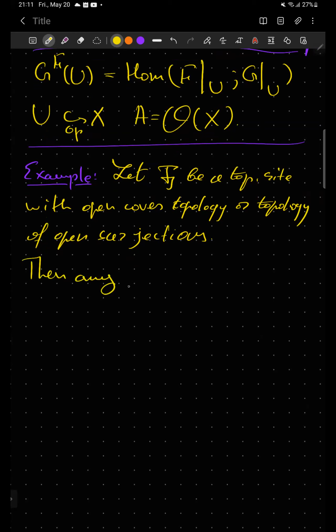Then any X in topological spaces, not necessarily inside of T curly, represents a sheaf on T curly consisting of continuous functions.